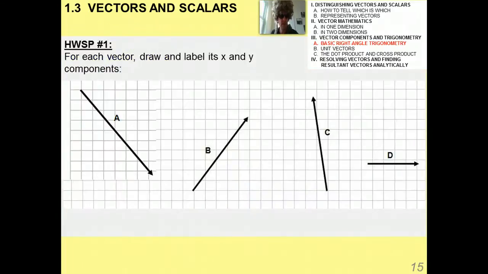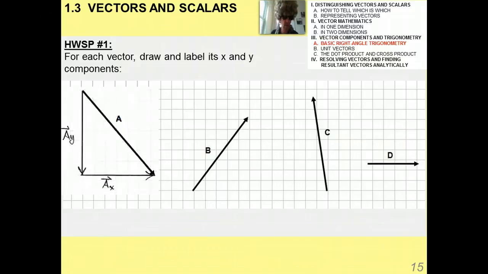Okay, homework study packet number 1. Go ahead and pause the video and try to draw the x and y and label the x and y components for each vector a, b, c, and d. So a is pointed down to the right, so ay is negative, but ax is positive.